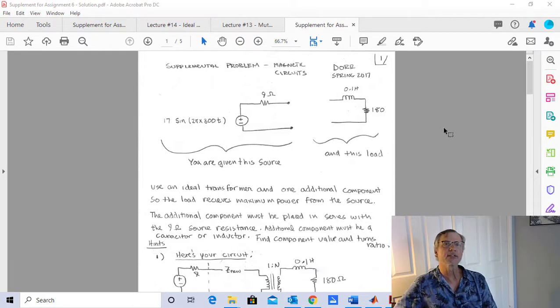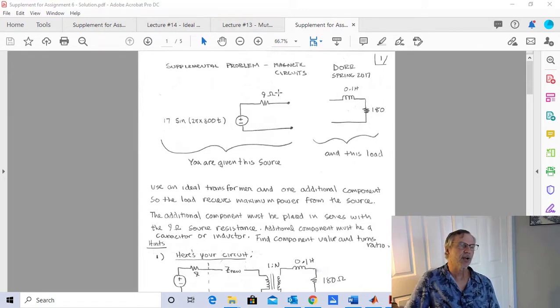Impedance matching is: given a Thevenin source and a load, design a lossless network, meaning no resistances, to go between them so that I get maximum power transfer out of this source.